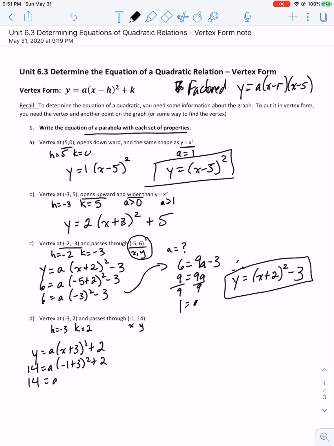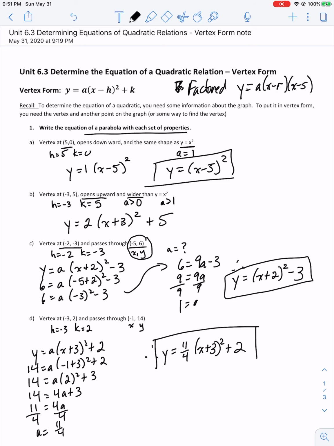So 14 equals a times 2 squared plus 2, so 14 equals 4a plus 2. Subtract 2, so that's 12 equals 4a. Divide both sides by 4. And a equals 3. So therefore, y equals 3(x plus 3) squared plus 2.